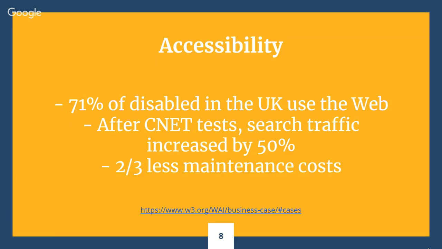These are huge benefits, and accessibility tests, as you can see, can help us provide a better experience for users with disabilities, and also save us a lot of money in maintenance costs and increase our traffic.